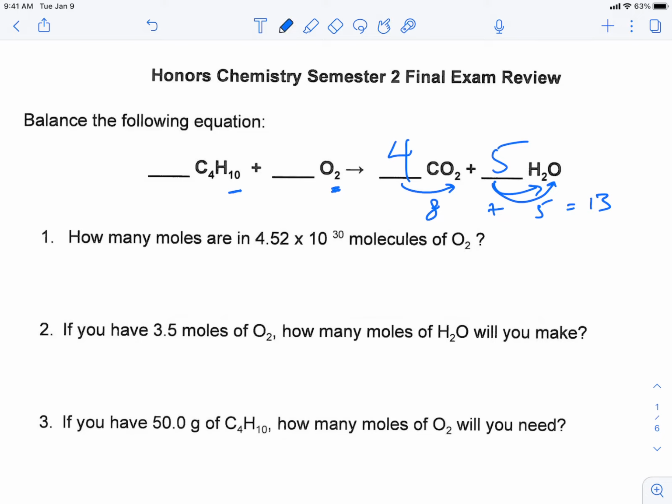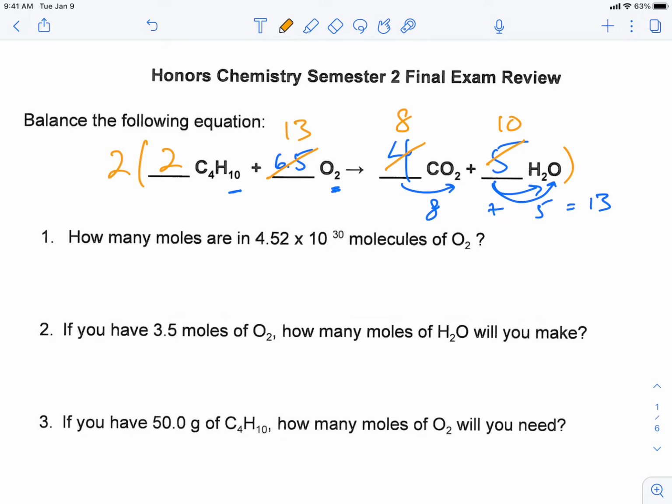So what I'm going to do is put a 6.5 here because 6.5 times 2 gives me 13. But because we don't really like to see fractions or decimals in our equation, I'm going to multiply everything by 2. So now my new coefficients are 2, 13, 8, and 10. And we're going to use this balanced equation for the rest of our page here.